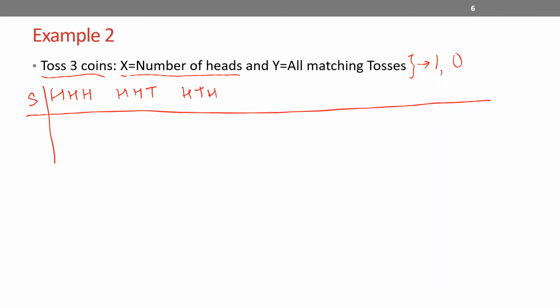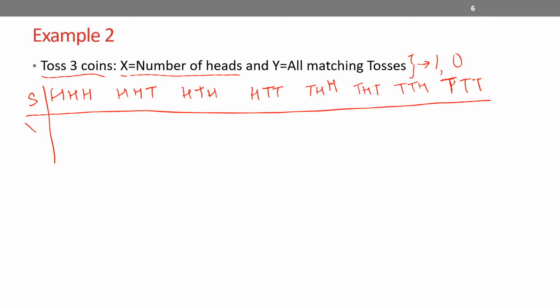T, H, H, T and T, T, H, H, T, H, T, T, T, H, and then T, T, T.